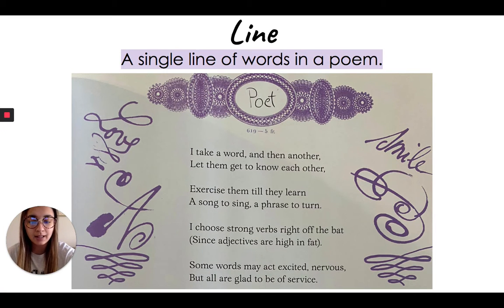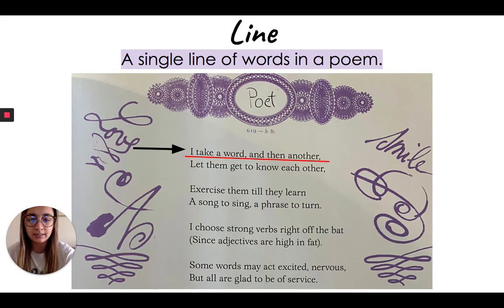The next element of poetry we're going to look at is called a line. And this is a single line of words in a poem. Now, in regular writing, we call our lines sentences. In a poem or in poetry, we don't call them sentences, we just call them a line. So if you look here, this right here is a line.